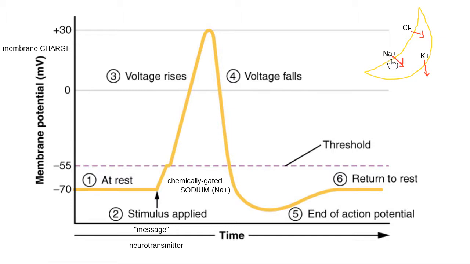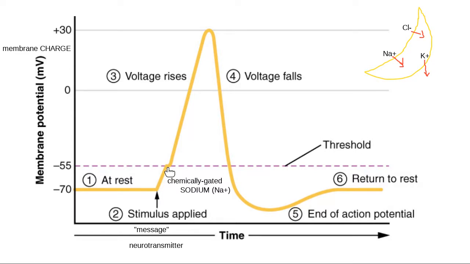Sodium is a cation, has a positive charge. When I open up a chemically gated channel for sodium, in comes sodium with its positive charge. And check out what happens to my membrane charge. I go from -70, I start to get less and less negative. I start to get more positive because I'm bringing in a cation. I'm bringing in something with a positive charge.